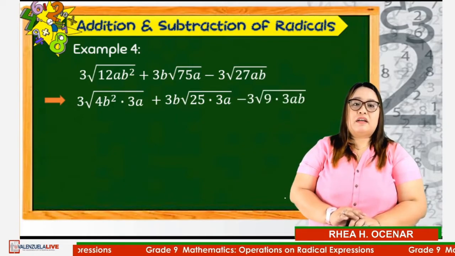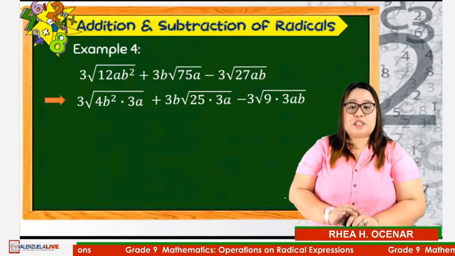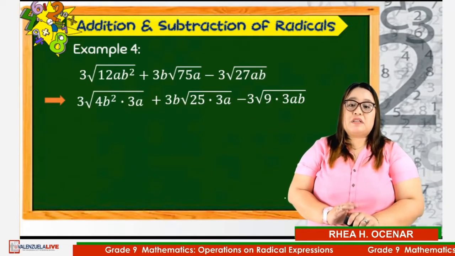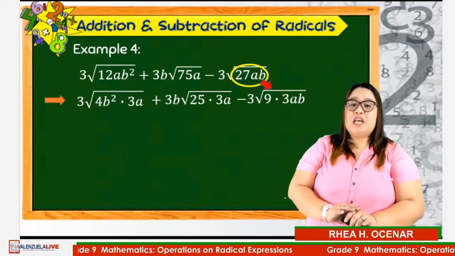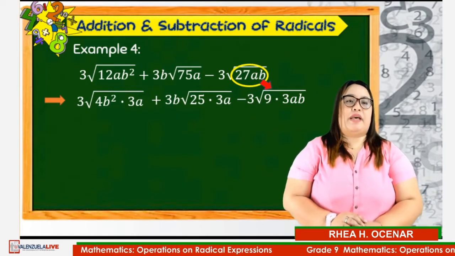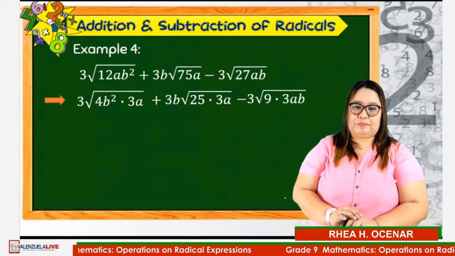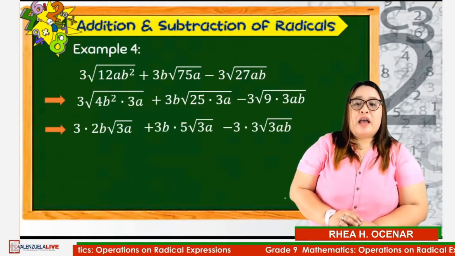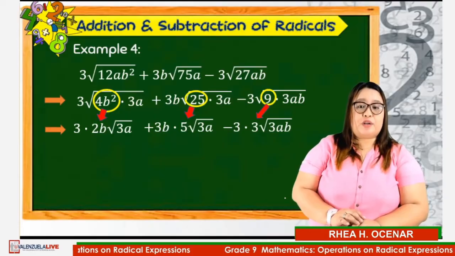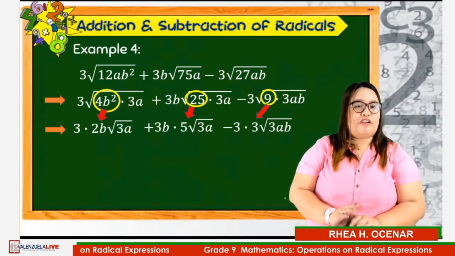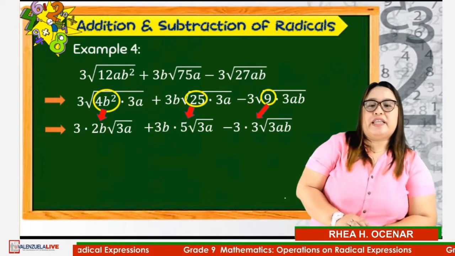And negative 3 square root of 9 times 3ab, for negative 3 square root of 27ab. Extract the roots of the perfect square factor and multiply to the coefficient outside the radical sign.